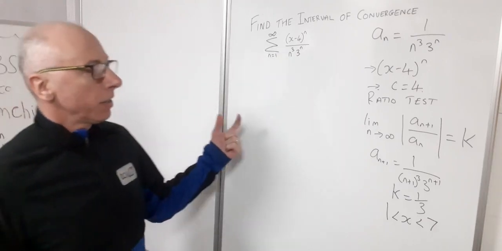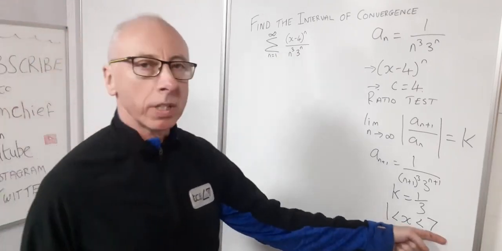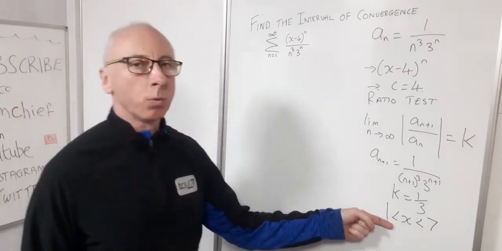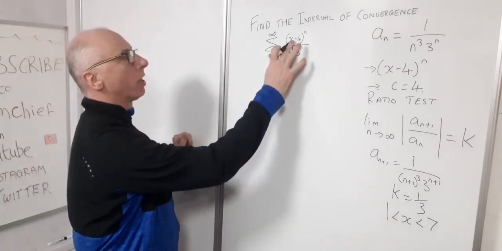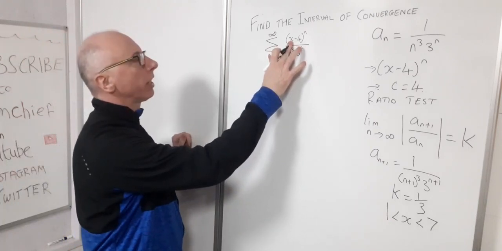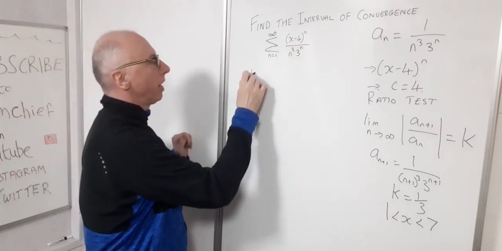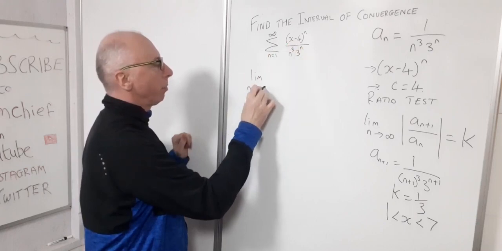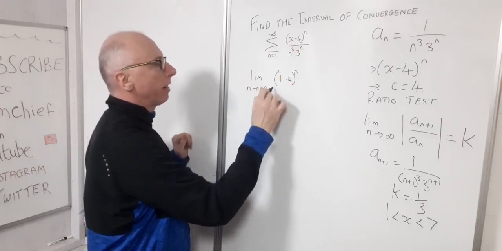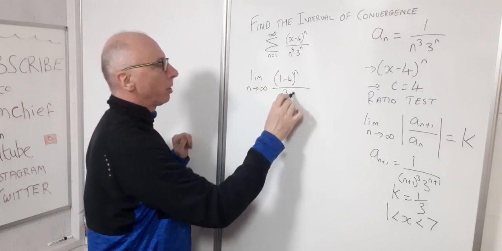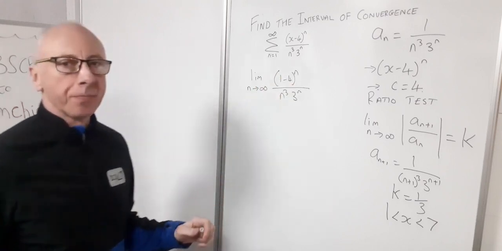So let's take this off the board and let's do that. Okay, now let's find out what happens at our end points. So let's have a look when x equals 1. Let's see if we can include that in our interval of convergence. So now we're going to plug in x equals 1 into this here. So we'll have the limit as n approaches infinity of 1 minus 4 to the n divided by n cubed 3 to the n.